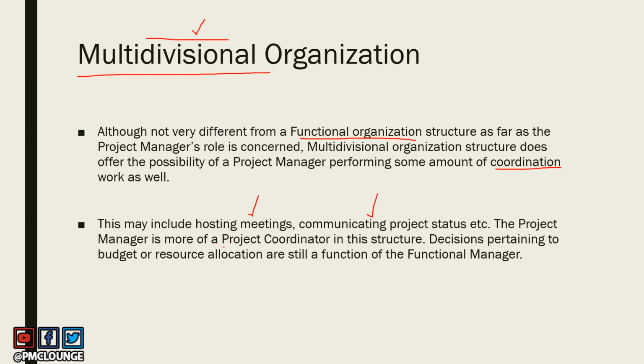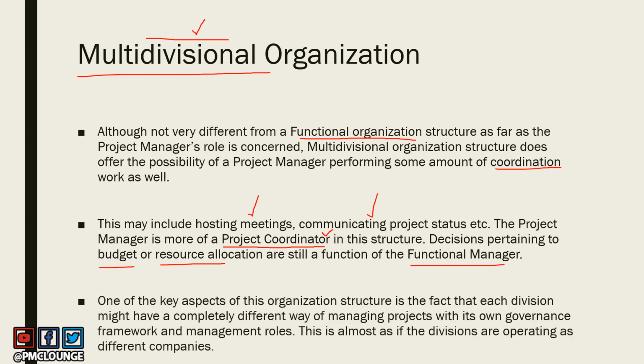You are basically a project coordinator here because you are coordinating within different teams in a certain division of the organization. Now, bigger decisions, important key decisions like budget or resource allocation, they are still a function of the functional manager. So you don't have any say in the budgets or the resources, but you have a certain amount of coordination work in multi-divisional organization structure.